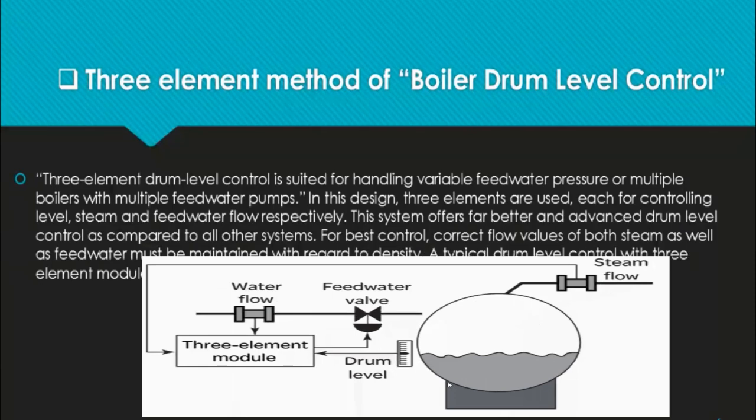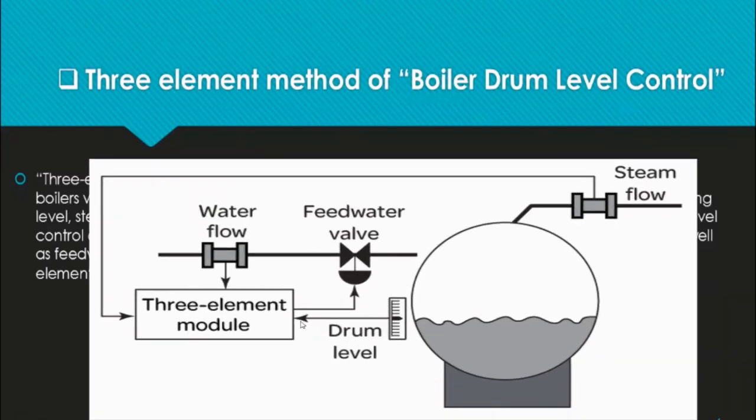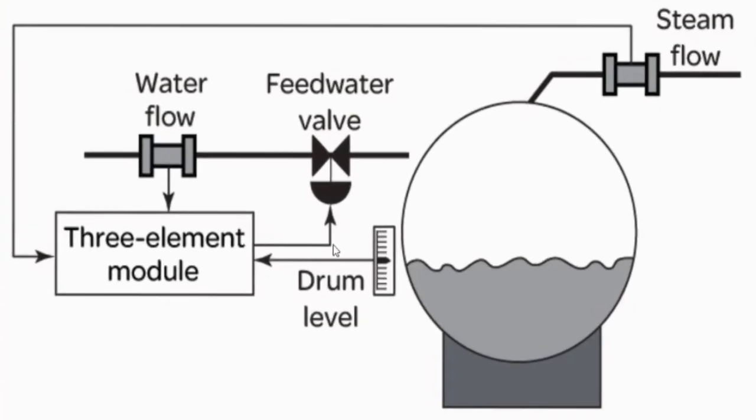For better control, correct flow values of both steam as well as feed water must be maintained with regard to density. A typical drum level control with a 3-element module is shown in the figure below. Let's discuss from this image. This is the drum level sensor, which transmits the height of the water level to the controller. Feed water flow is also measured and goes to the controller.